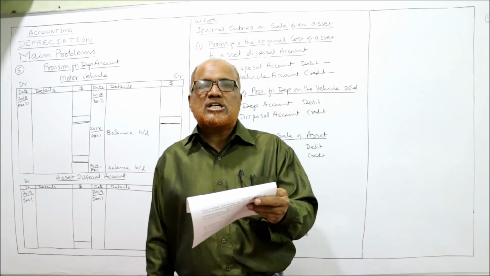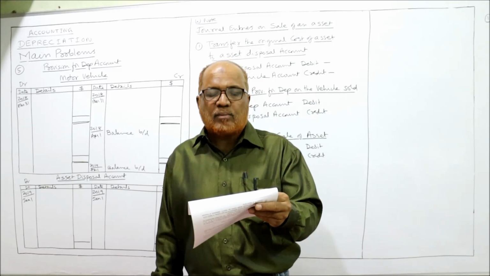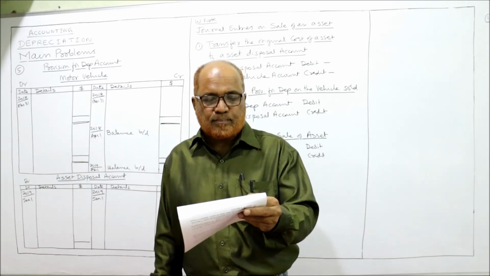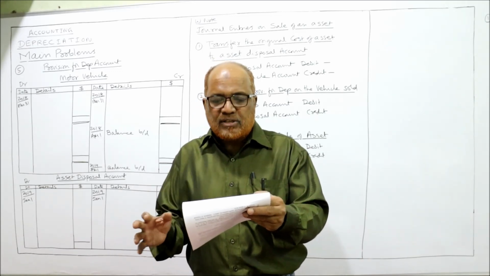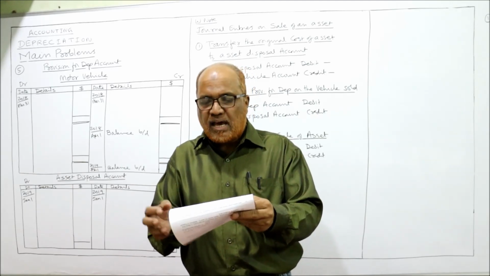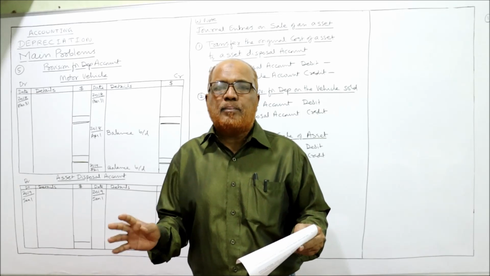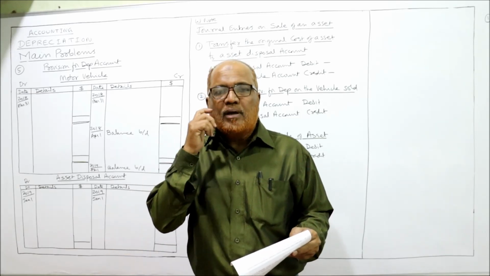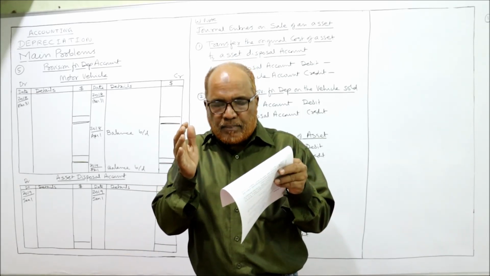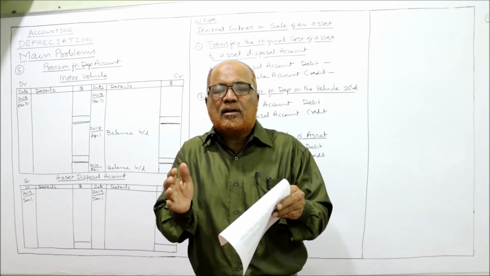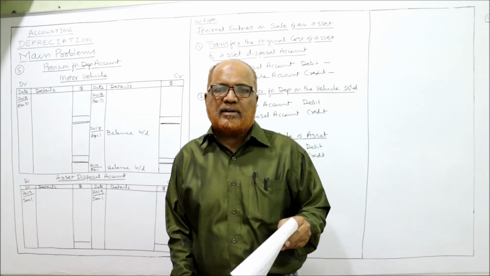Then depreciation is charged at 20% per annum on the reducing balance method. So a full year's depreciation is charged in the year of purchase and none in the year of disposal. We are not calculating depreciation monthly. If the vehicle is purchased during the year, then full year depreciation will be provided.